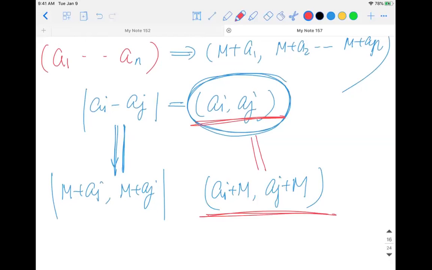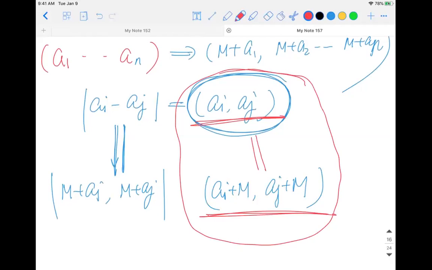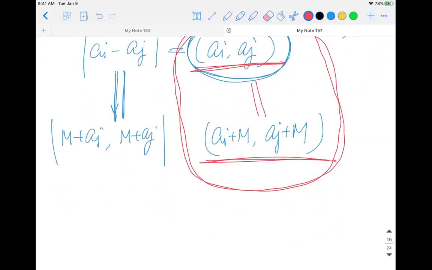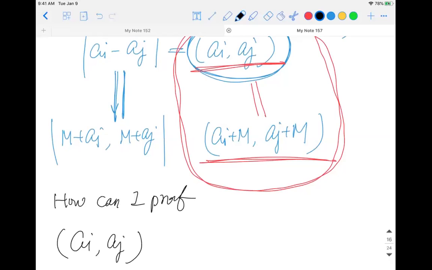So the $1 million question is, how can I make sure this guy is the same? How can I prove AI, AJ greatest common divisor equal to AI plus M, AJ plus M?